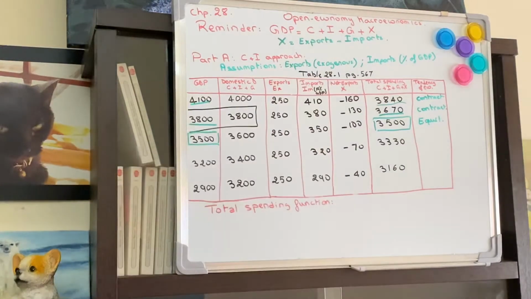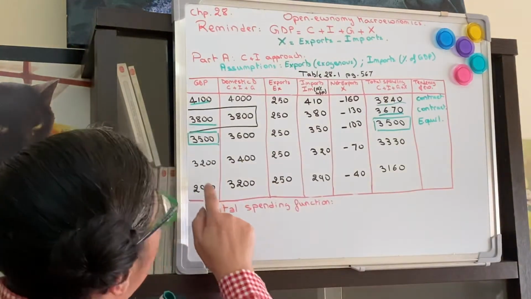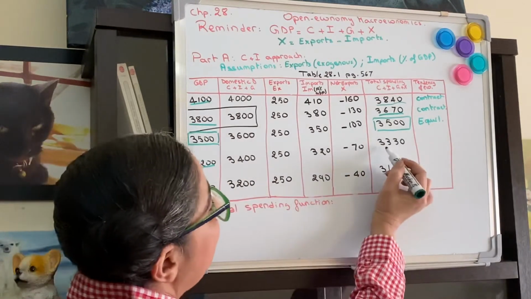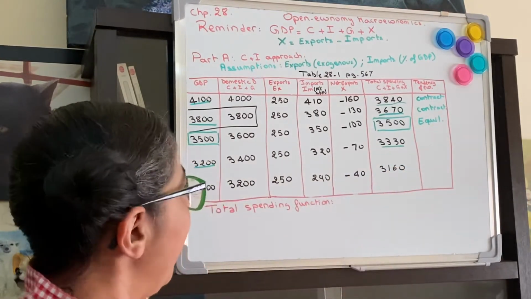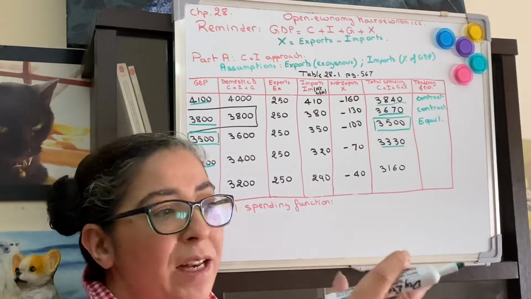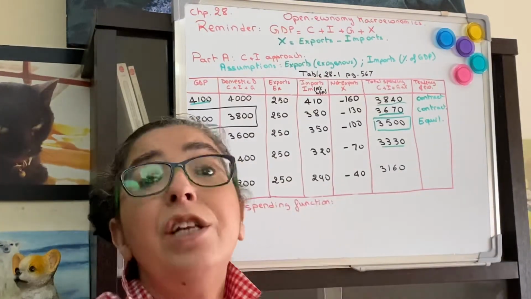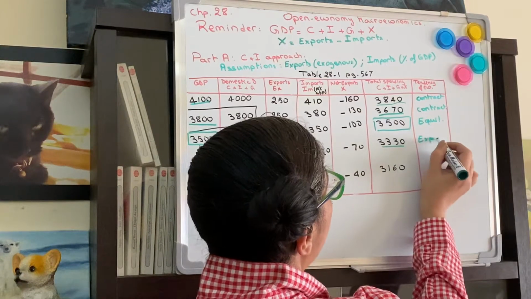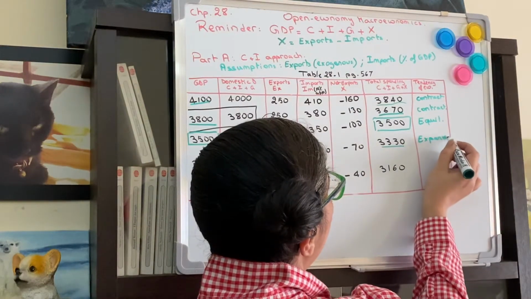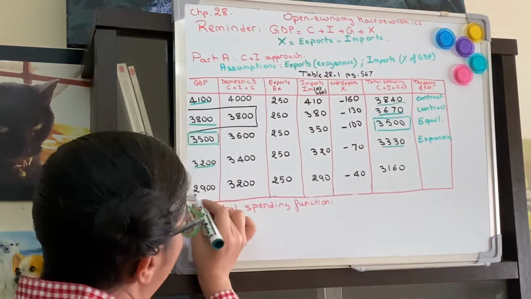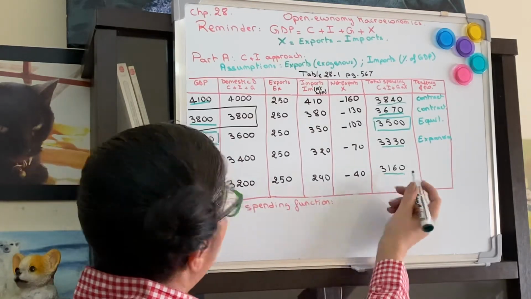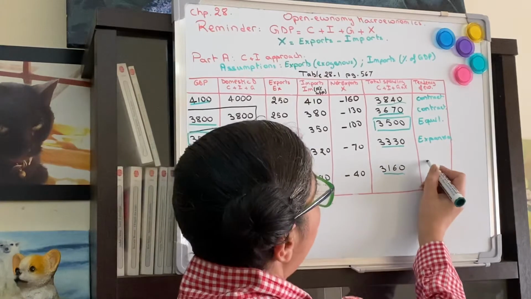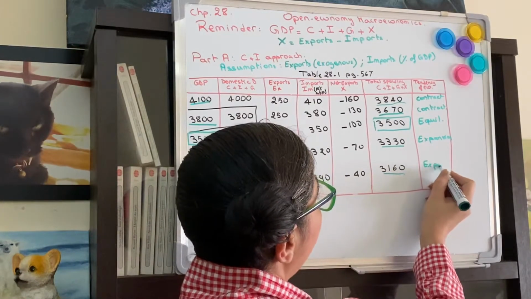Now, at this point here, I'm producing less than the demand in the country. So what's going to happen? The demand is there. It's going to encourage an expansion. Okay, so here is an expansion. Here, same thing. The demand is bigger than the output, so it encourages an expansion.